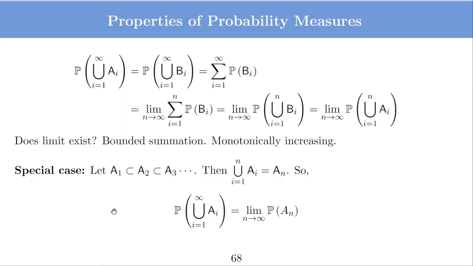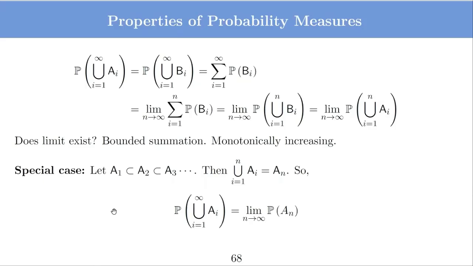From this, we know that this summation is the probability of the union of Bi, which we proved as property 1 for the finite union of disjoint sets. Since the union of these Bi is the union of Ai, we finally proved that the probability of the infinite union of Ai is the limit as n tends to infinity of the probability of the finite union of the first n terms of Ai.